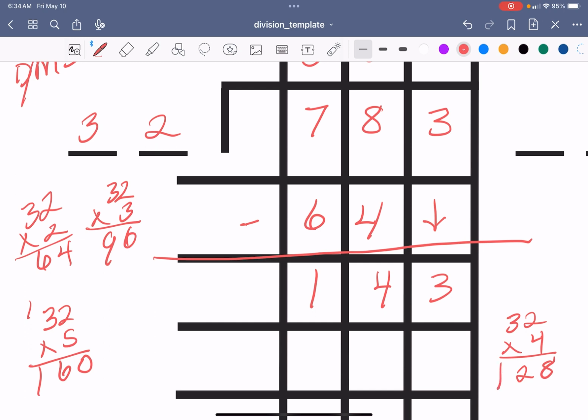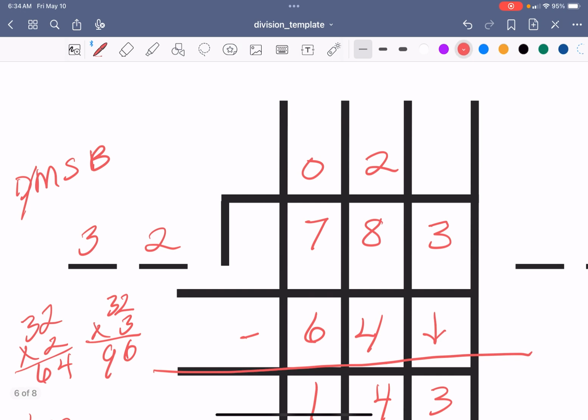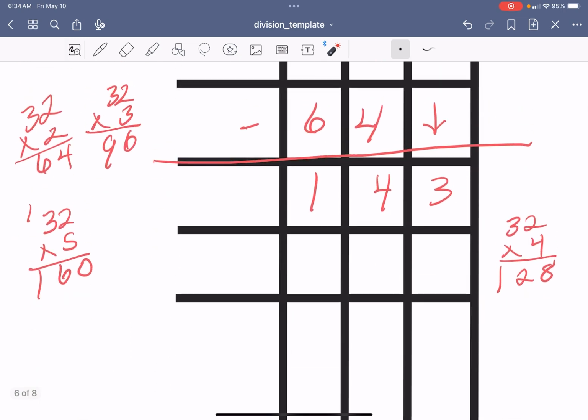So we get 128. So it's going to be 4 because 32 times 5 is too big. So we're going to put our 4 up here, and then 4 times 32 is 128.